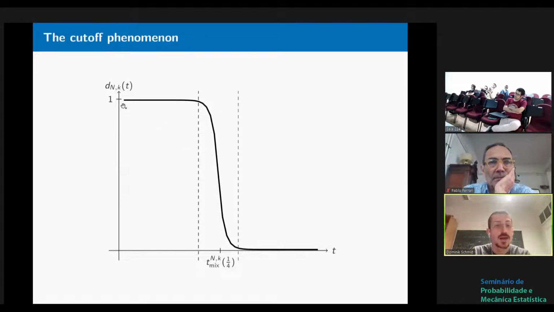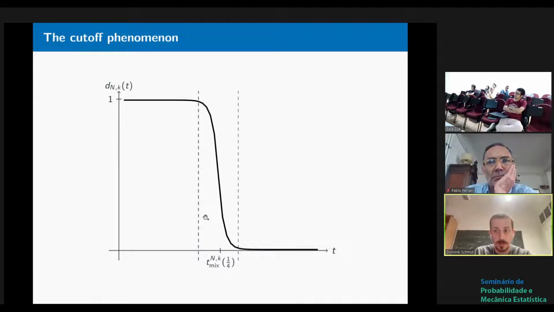At the beginning, the worst-case distance from stationarity will be very close to 1, and then within a small window, small compared to the order of the mixing time, this total variation distance will drop from close to 1 to close to 0.